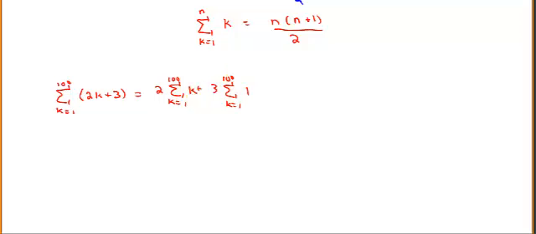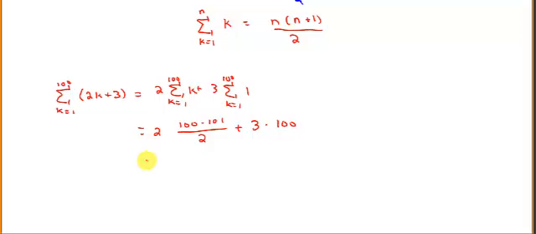And this will be 2 times, well, in this case, the sum as k goes from 1 to n of k is n times n plus 1 over 2. So n here is 100. We'll have 2 times 100 times 101 all over 2 plus 3 times, remember the sum as k goes from 1 to n of 1 is n. Here the n is 100, 3 times 100.